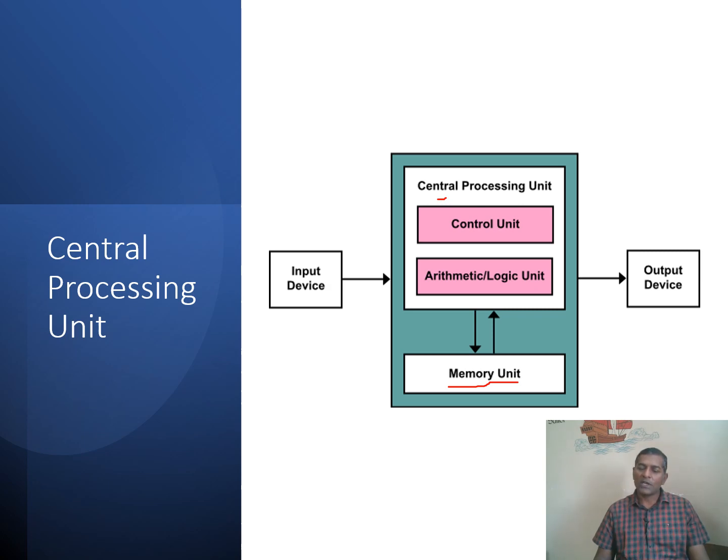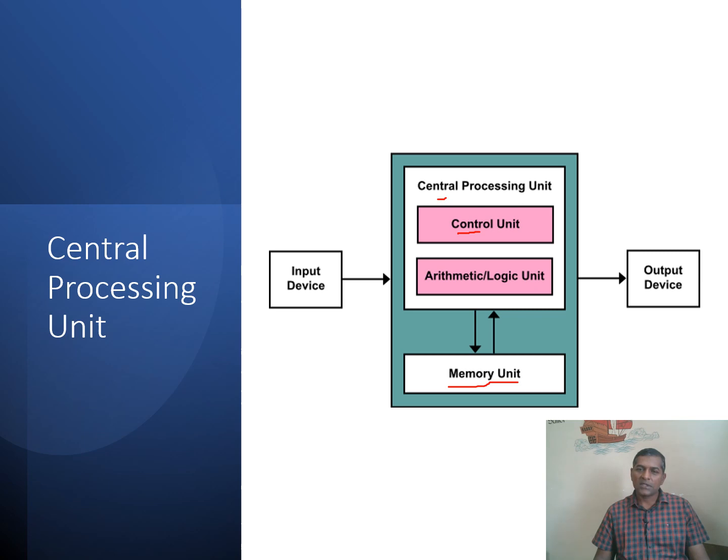But some of the instructions are used for generating control signals, controlling some devices, checking whether a device is working or not, whether it is ready or not. These kinds of signals will be generated by the control unit, and that will be made available to other devices.